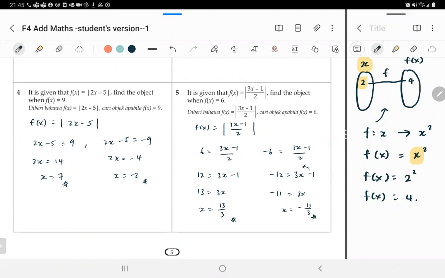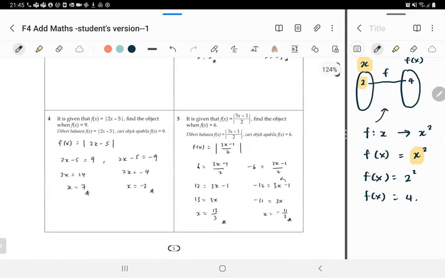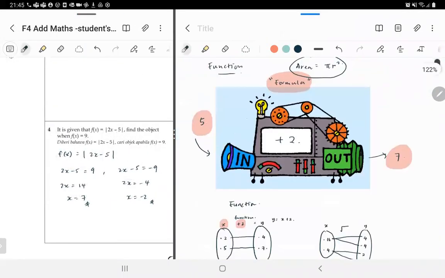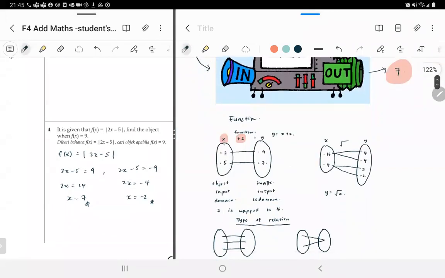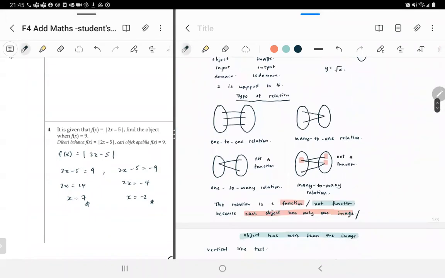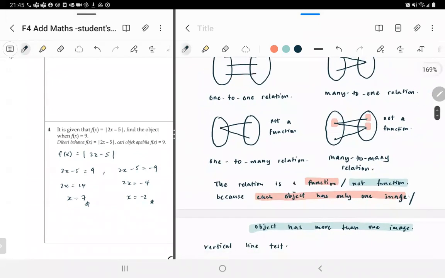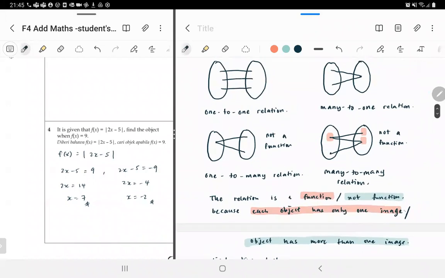Okay, so far today we have learned a few things. A very quick recap. From the very beginning, we learned about the types of relation and what functions are. We have four types of relation: one-to-one, many-to-one, one-to-many, and many-to-many. If it is many-to-one, that means it produces one product only, no matter how many ingredients you have, then it is a function.